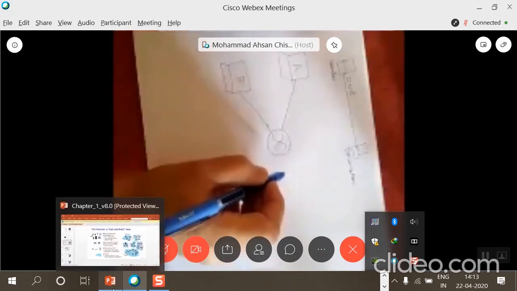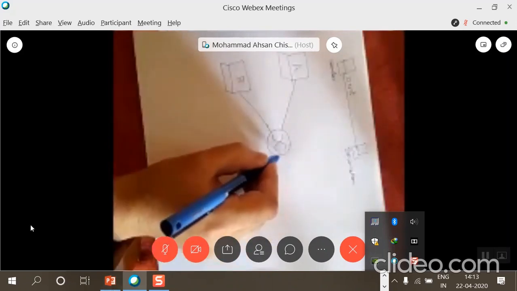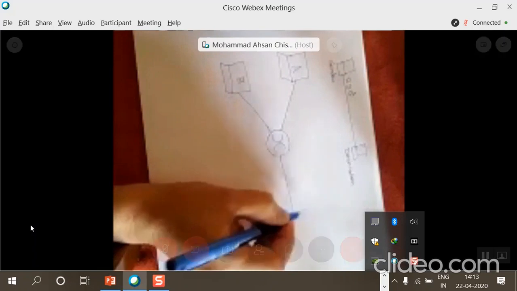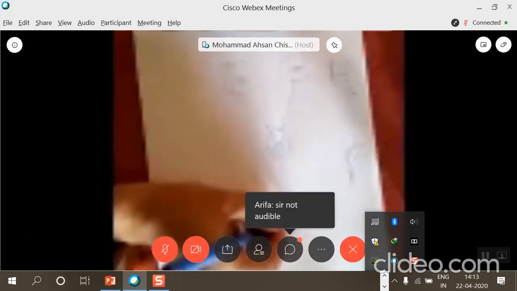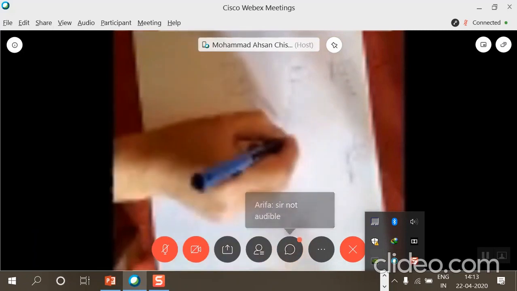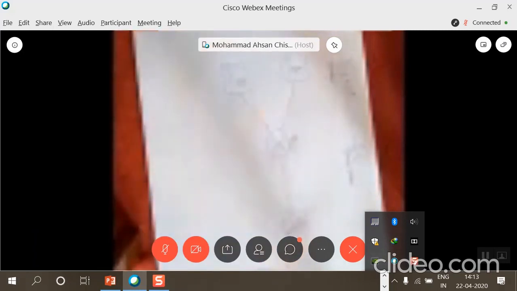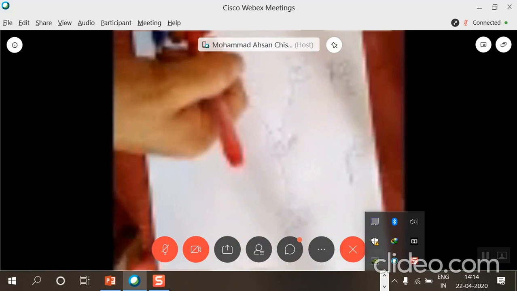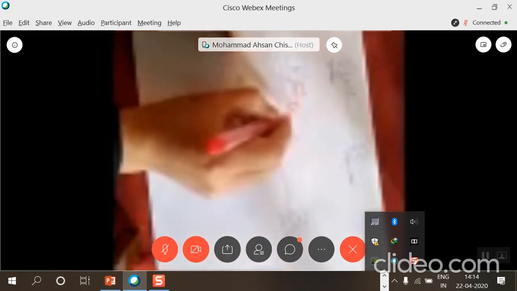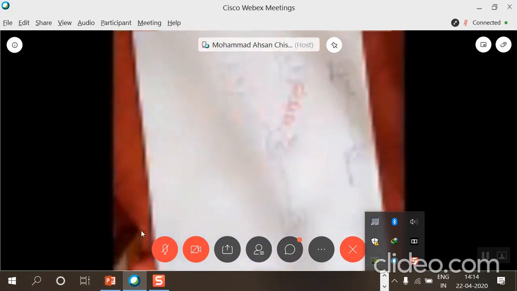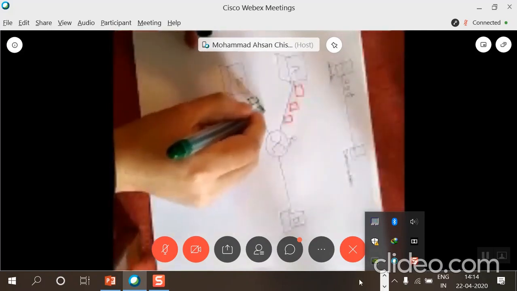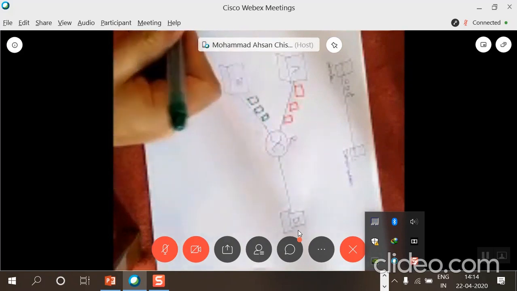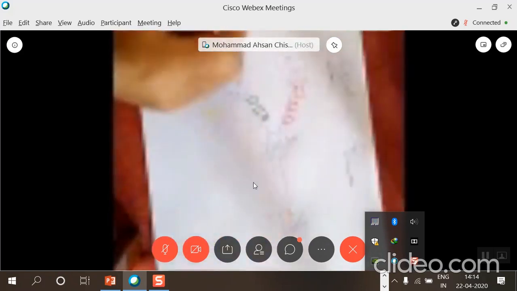What it is, we are going to discuss in coming classes. And then I have a destination here that I would call D at the router. Now, I expect packets to be flowing from A as well as from B, and then the router would send it to D.